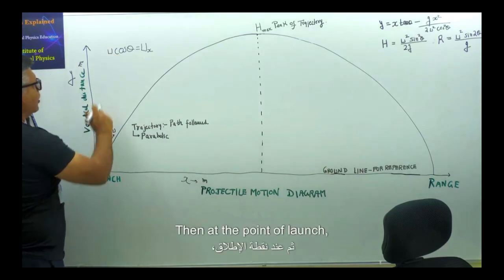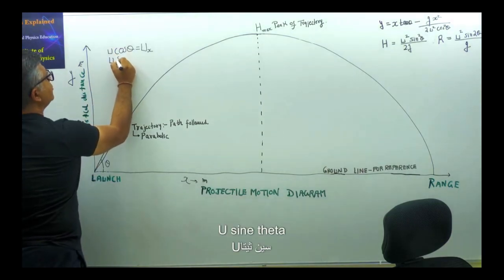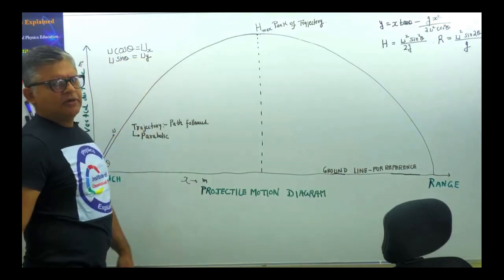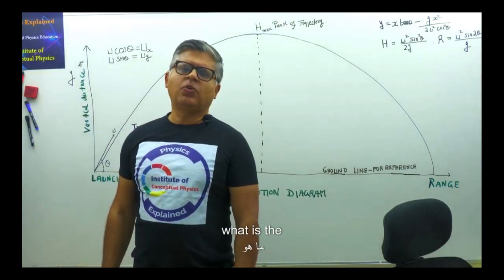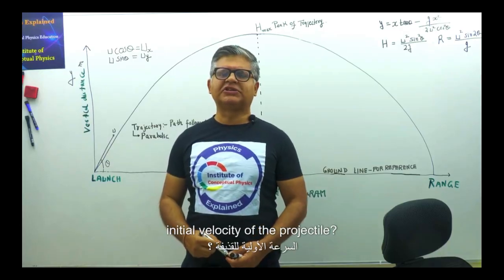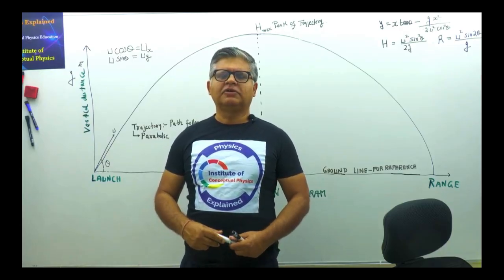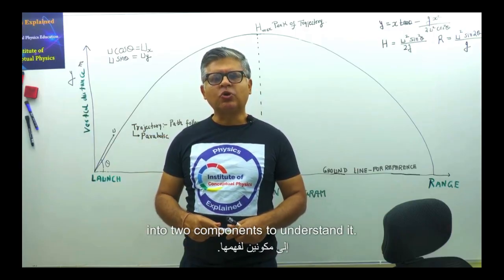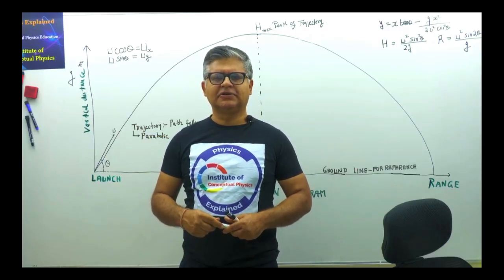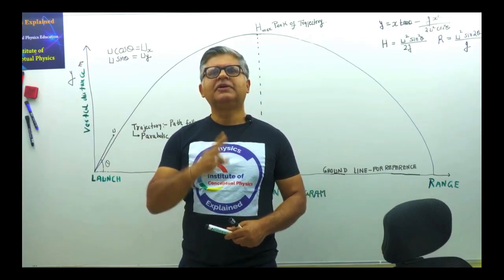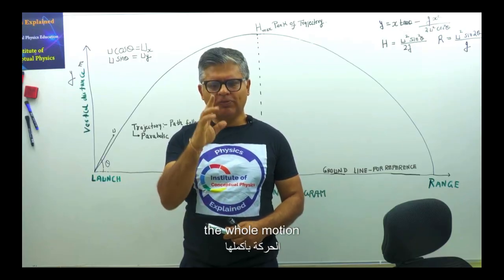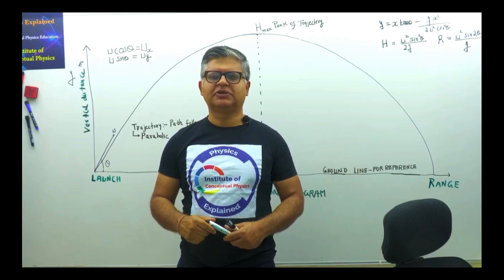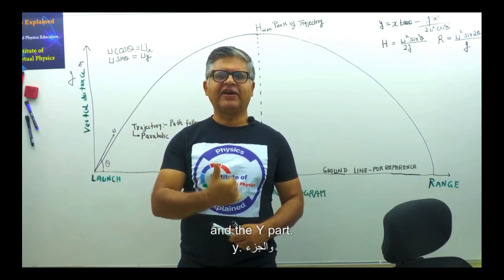Then at the point of launch, it also has u sin theta, which is u y. So first, what is the initial velocity of the projectile? Two components. We will split the whole motion into two parts to understand it, the x part and the y part.